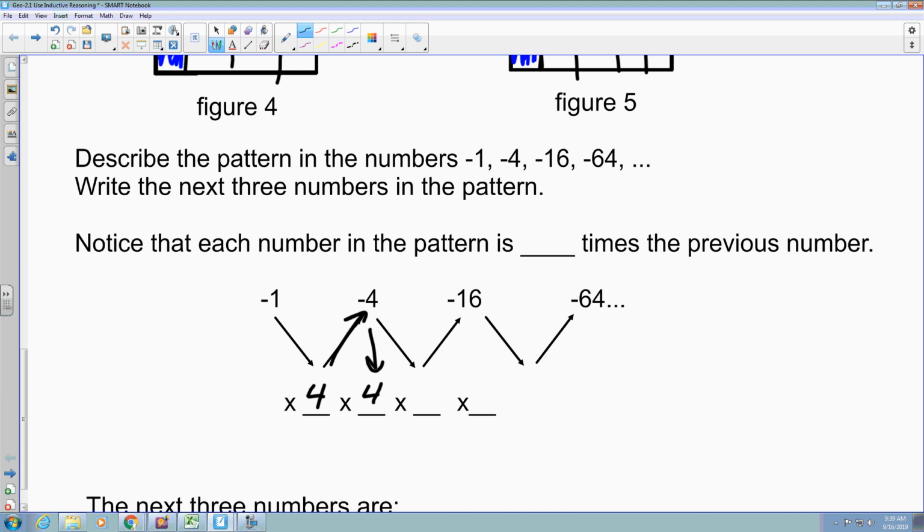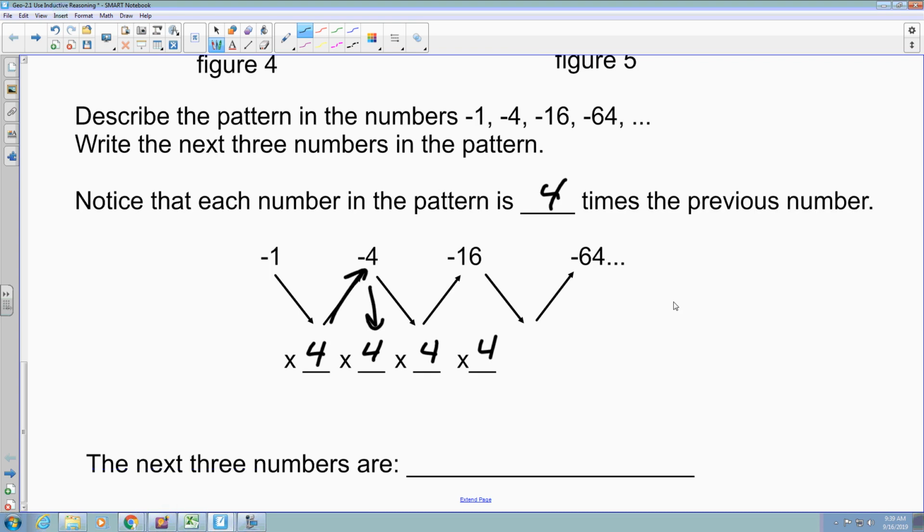Yes, I would. If I took -16 and multiplied it by 4, would I get -64? The answer is yes, I would. So what we're going to do is multiply each number by 4 to get the next number.